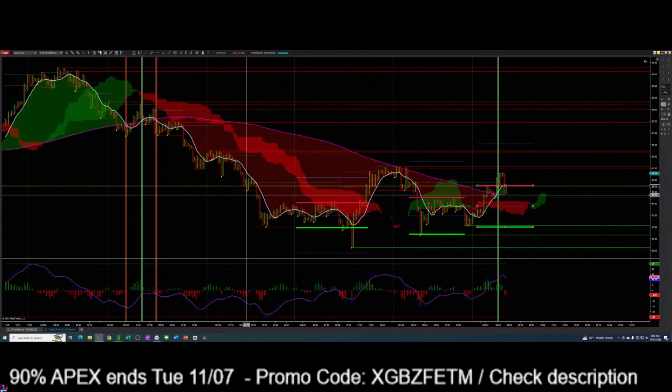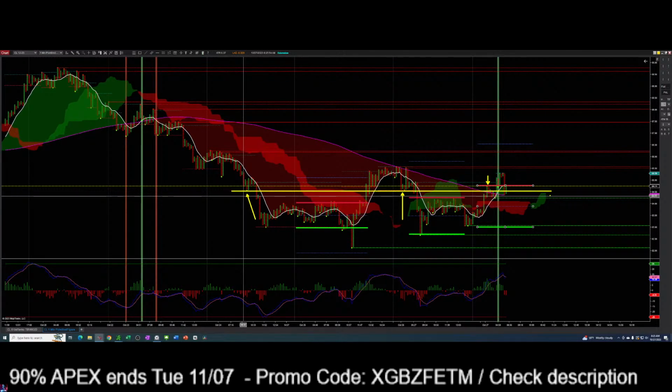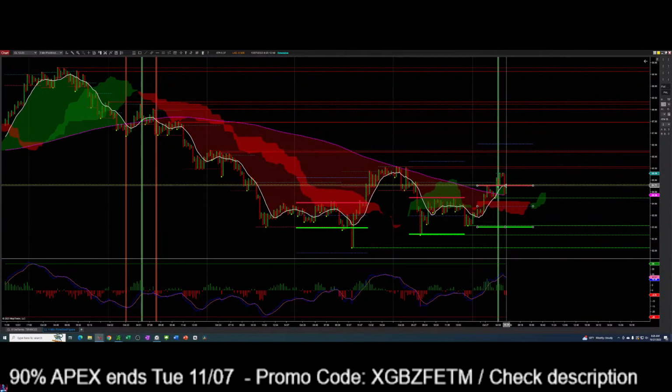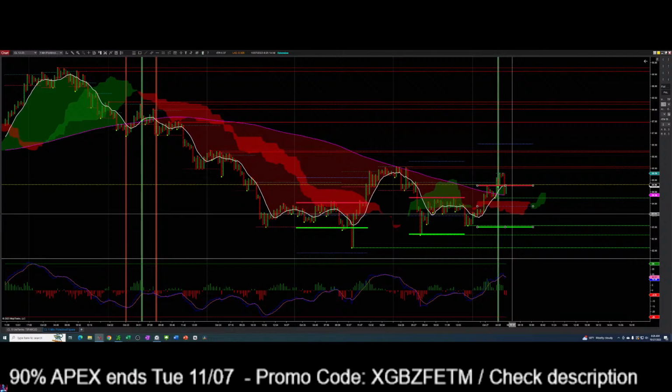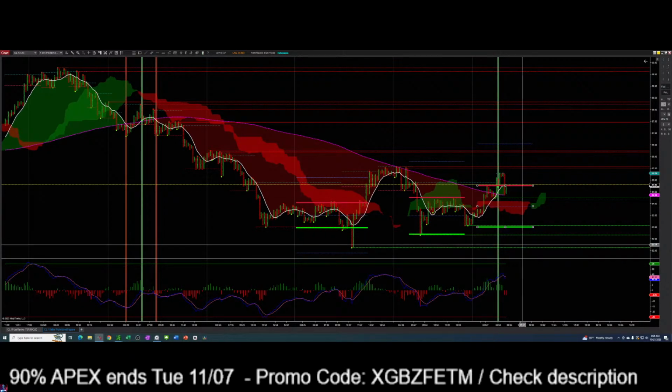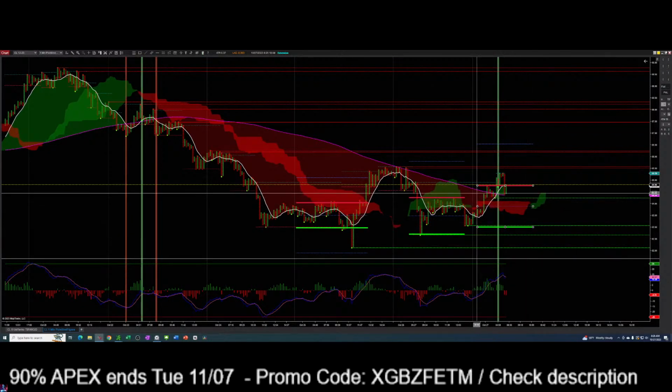So that one there, this one here, and potentially that one there. Let's see. Yeah, a little bit fuzzy. It's moving above to the upside there.